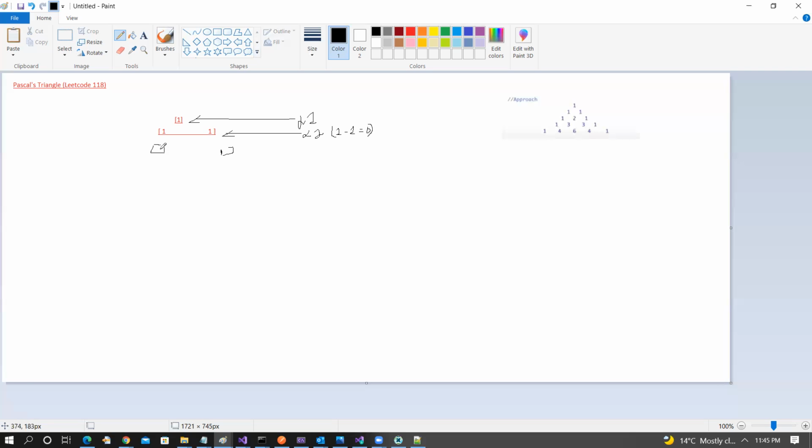From this pattern, we can say it is going to be 2 minus 1 if it is L3, which means 1. That means there will be only one element residing between 1 and 1. Now the second question: what is going to be the value of that number?